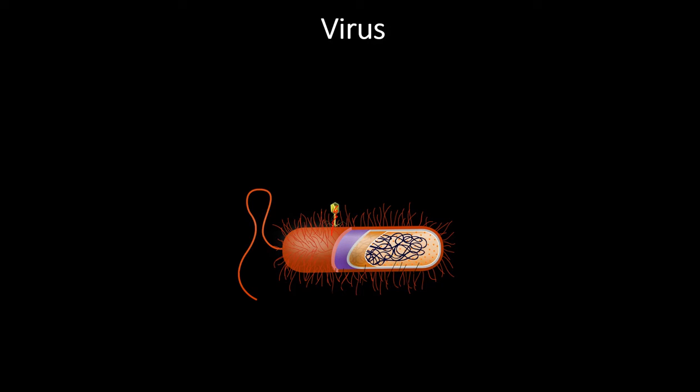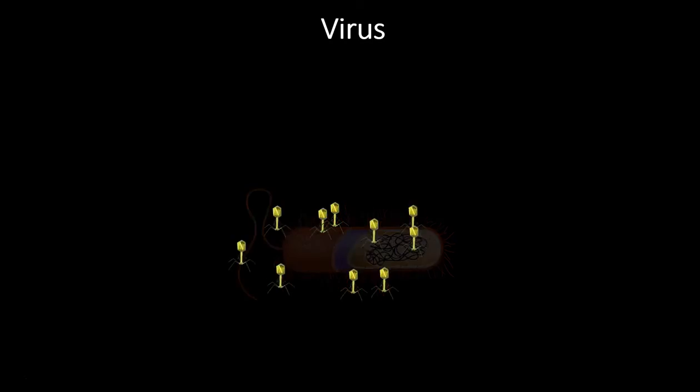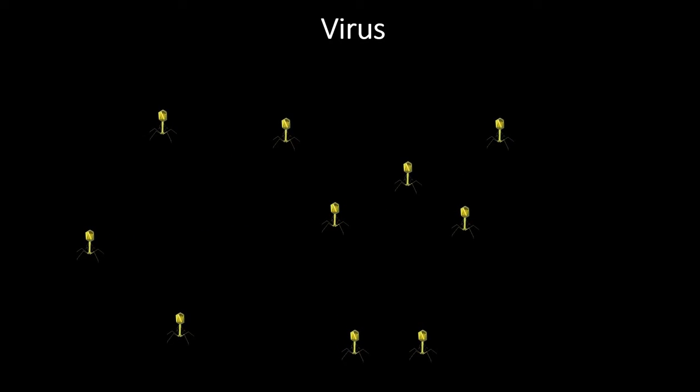Once it shoots its DNA into the cell, it's going to use the machinery of that cell to make more copies of itself. After it's made several copies of itself inside of that prokaryotic cell, those viruses break out, destroy that cell, and then each one will go and infect a new cell.